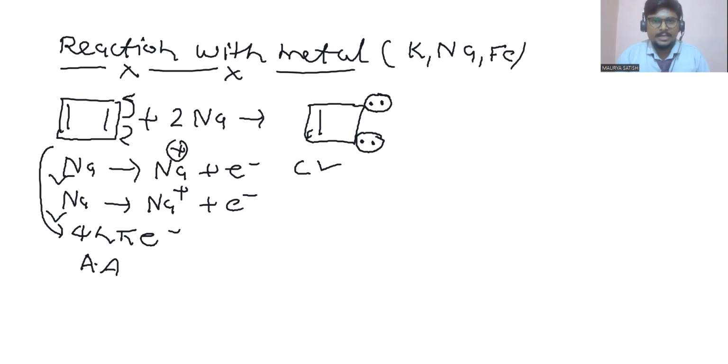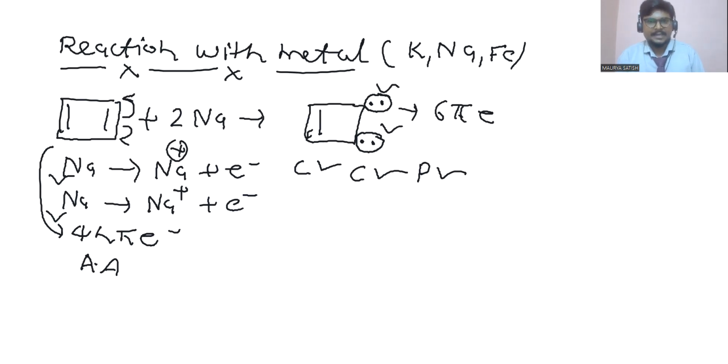Conjugation is also there, planar is also. So the total becomes 6 pi electrons, because this lone pair gives 2, 4, and this gives 6.